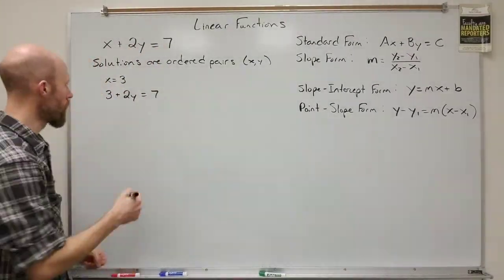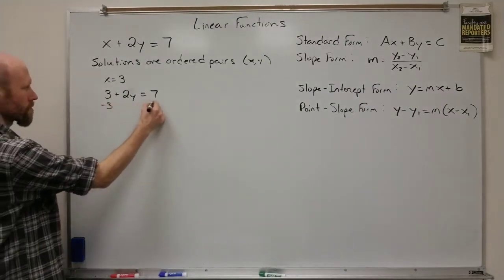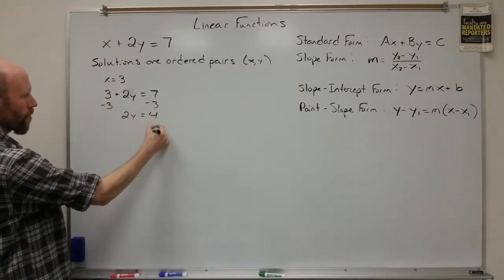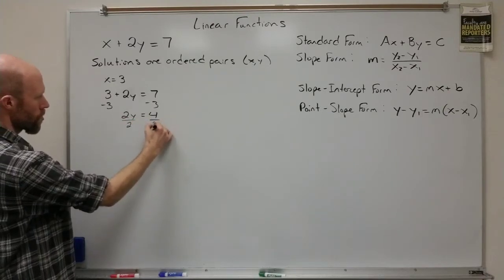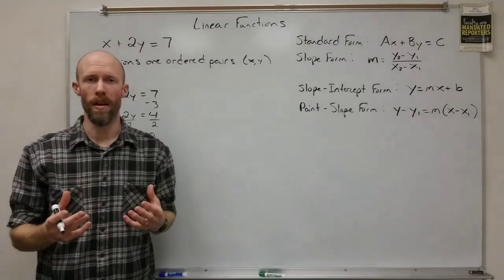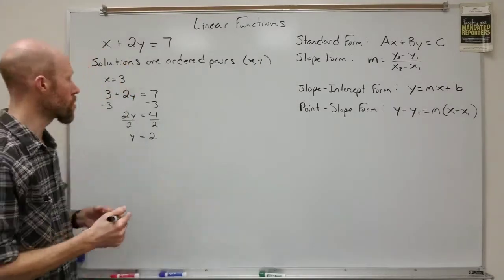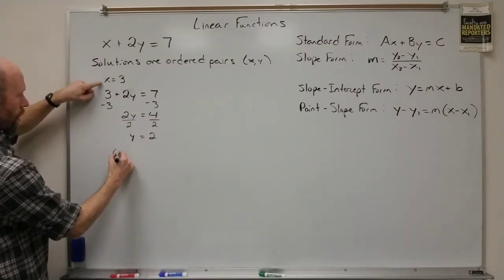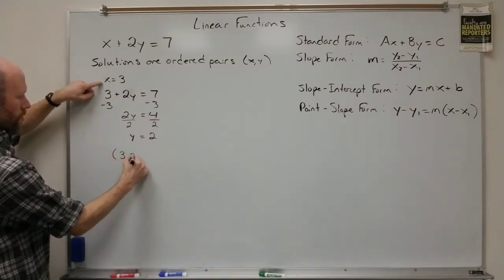You subtract off the 3, 2y is equal to 4, divide both sides by 2, and y is equal to 2. So the solution is the ordered pair 3, 2.